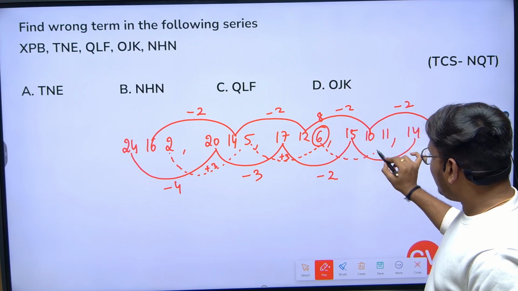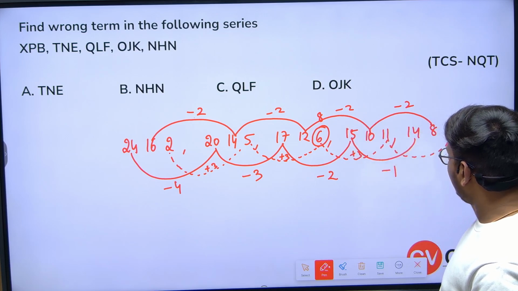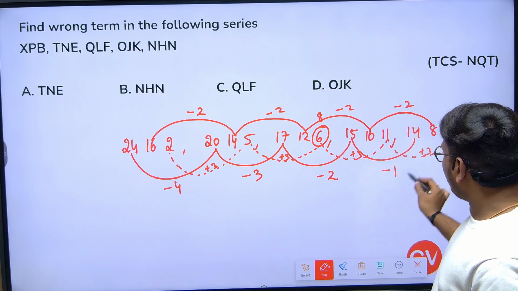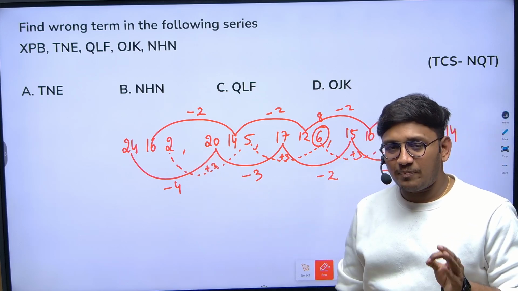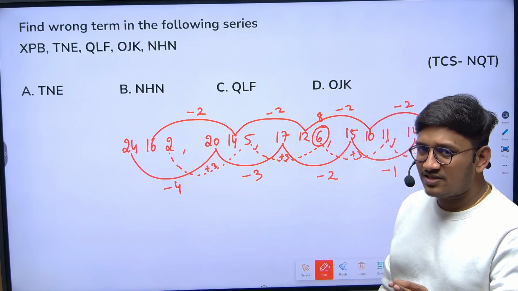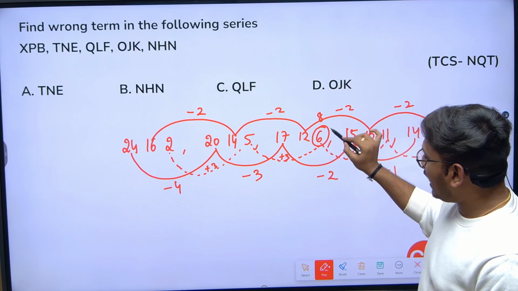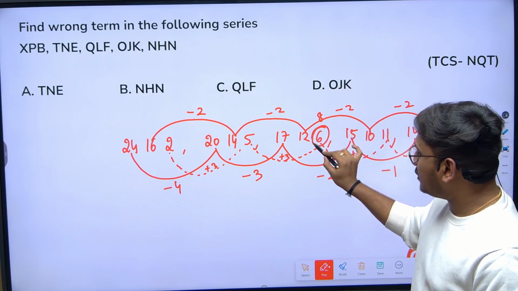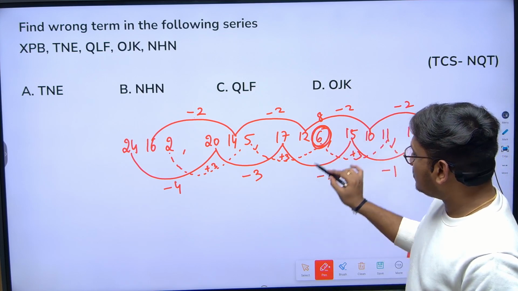Next, 8 plus 3 will be 11, 11 plus 3 will be 14. So the last number pattern is plus 3, plus 3, plus 3, plus 3. Here 5 plus 3 should be 8, but they have given a wrong number.